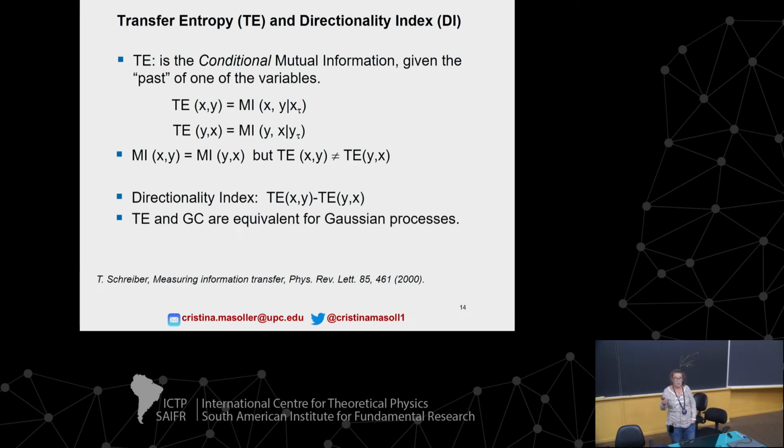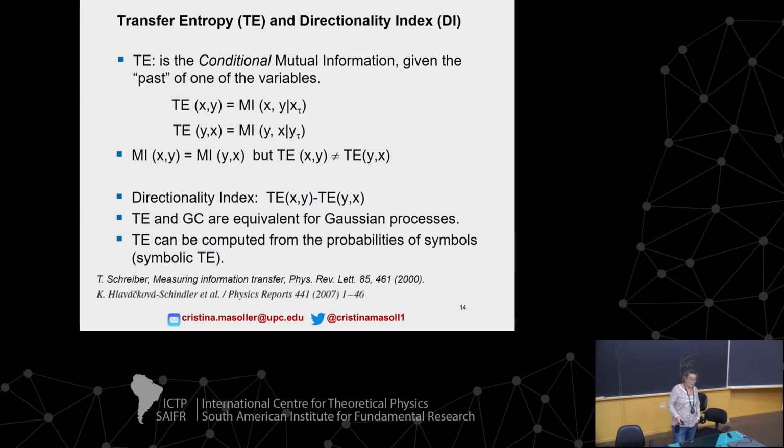If you have two Gaussian processes, X and Y, it has been demonstrated that transfer entropy and Granger causality give you exactly the same results. The advantage of transfer entropy is that it is computed from probabilities, these conditional probabilities, and can be calculated using symbols too. That is known as symbolic transfer entropy.